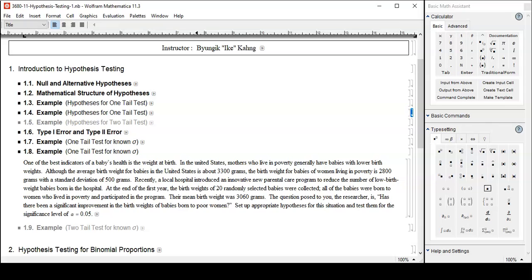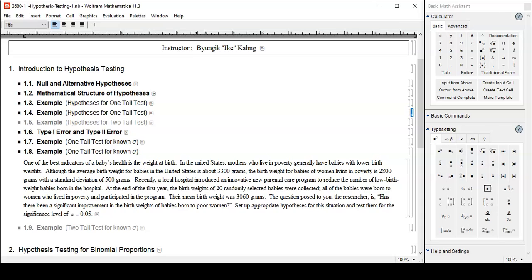So, what's the circumstance here? Average birth weight for babies is 3,300 grams. Average birth weight for the babies coming from women living in poverty is 2,800.